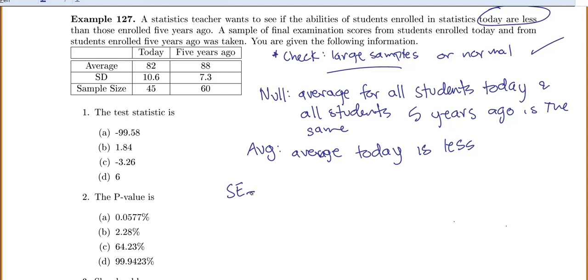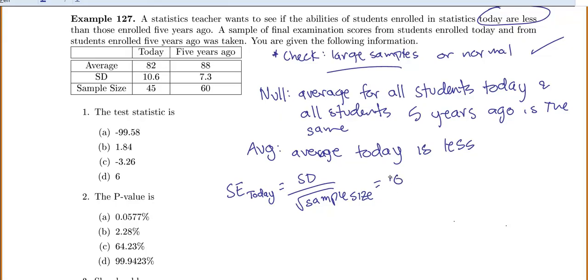Let's find both of the standard errors. So standard error for today is SD over square root of sample size. My SD for today, 10.6 over the square root of 45.